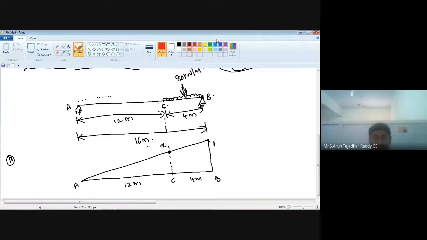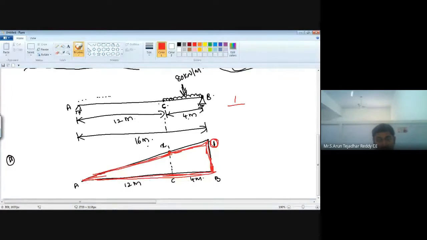That is from similar triangle concept. Here we have only single point, that is x1. So first of all, consider the bigger triangle. It means full triangle. Okay, full triangle. So what is the formula for similar triangle? Perpendicular by base. Our perpendicular in the bigger triangle is 1 by base.